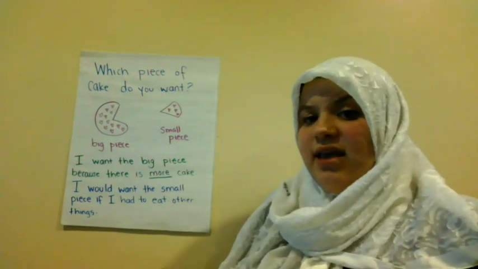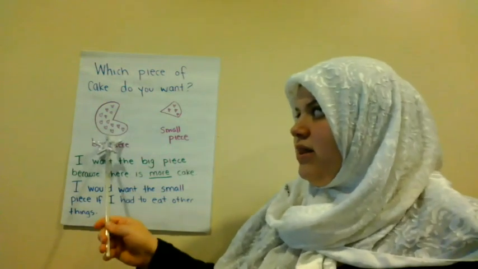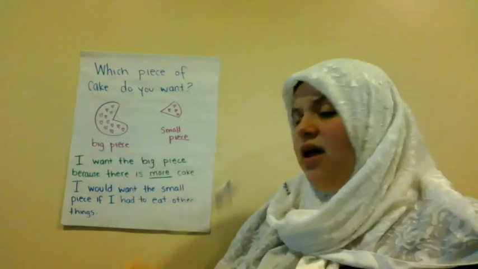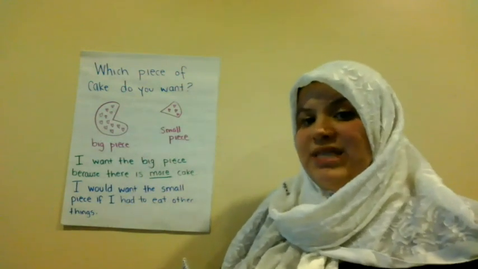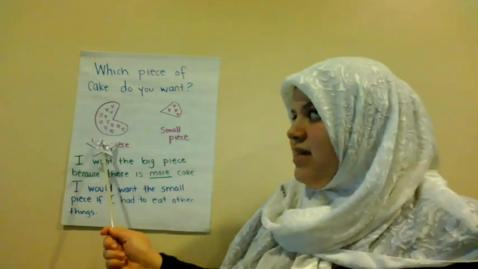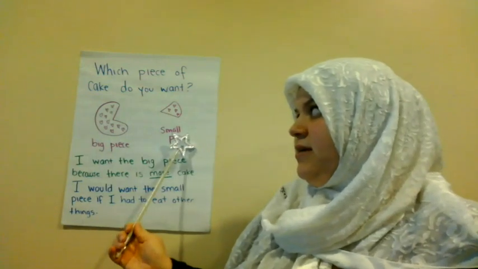You have to think about which piece of cake you want. Do you want this piece or do you want that piece? I'm going to give you a few seconds, then think about your decision. Do you want this piece or do you want this piece?